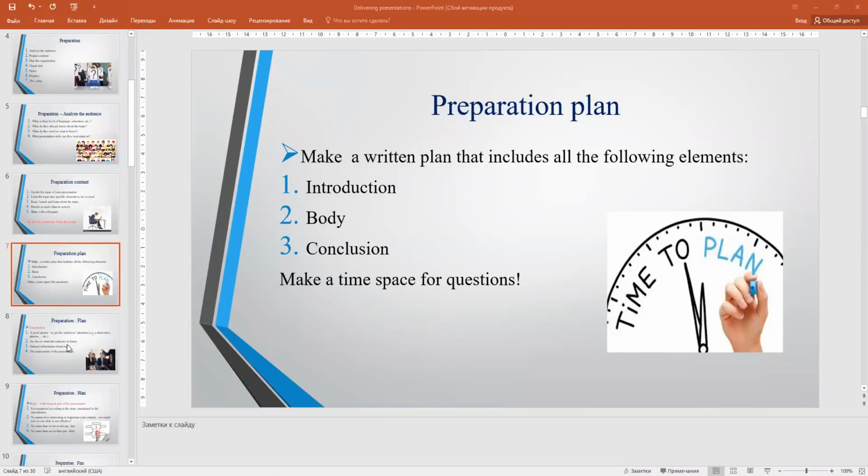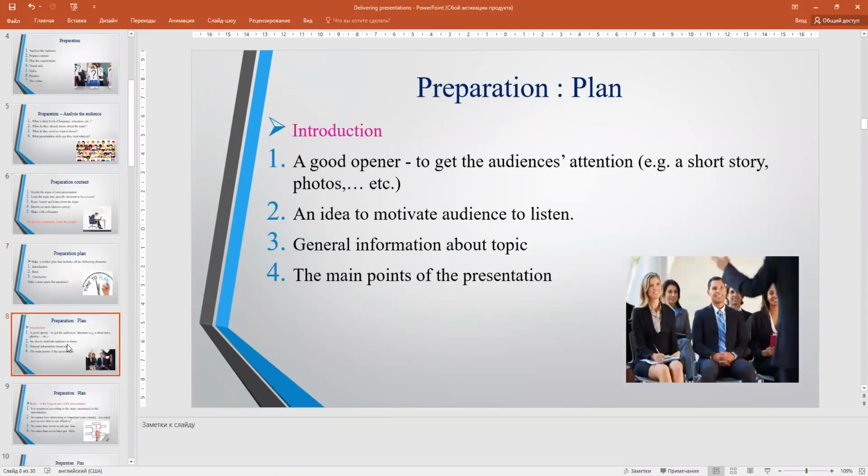So and then next, you can see the plan. Let's consider each part of your preparation plan for presentation. As you can remember, the first part of your plan should be introduction, and your introduction can also include subsections. For example, the first one is a good opener.